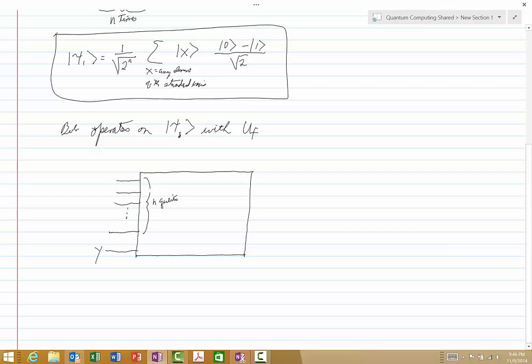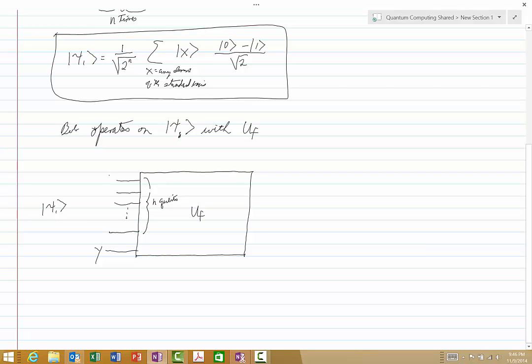As I say, what's happening here is that C sub 1 is what is going into the unitary transformation U sub f.